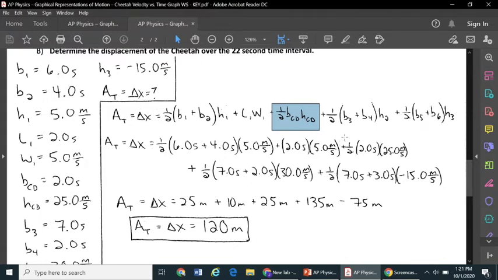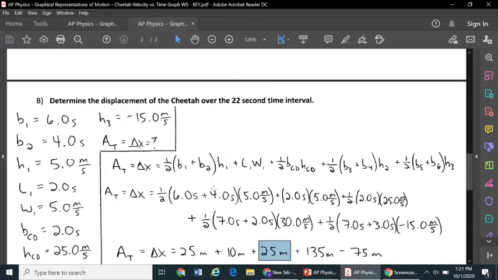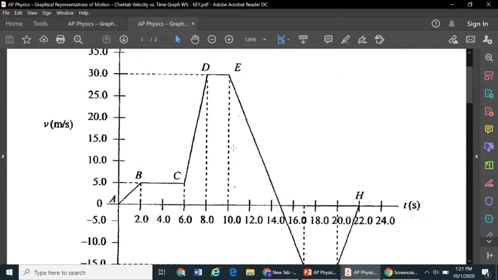And so the contribution to the total area is 1/2 of that base, which is 2 seconds, times the height, which is 25 meters per second. 2 times 25 is 50, and half of that would be 25 meters, and so that's written there as 25 meters. So notice so far we have 25 and 25, which is 50, plus another 10 is 60. So up until 8 seconds, the cheetah had gone 60 meters.